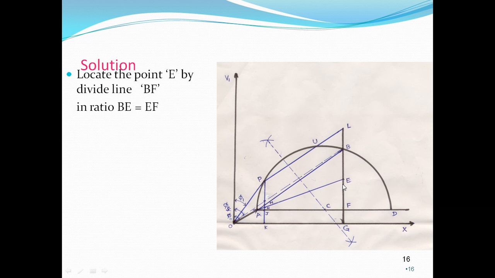Join E and A. When you join AE, which represents the torque line, and AB represents the output line, we have to take the point such that BE is equal to EF.